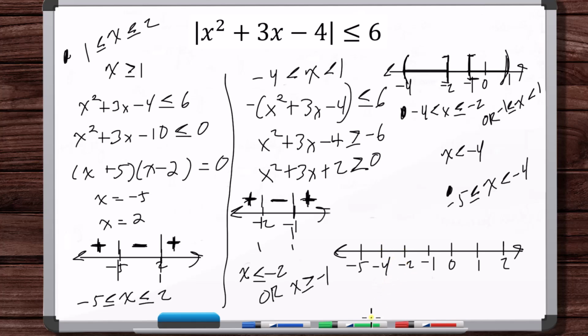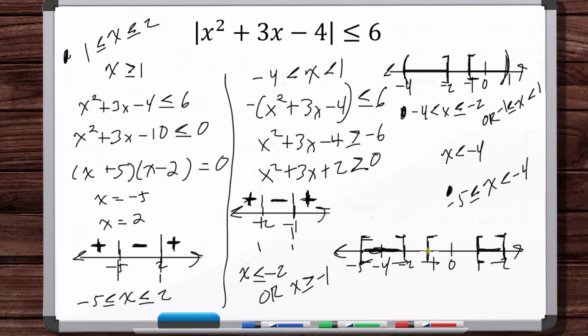That should be it. Okay, so we've got 1 to 2, including the endpoints. We've got minus 5 to minus 4, including the endpoints. We've got minus 4 to minus 2, including the endpoints, so we could go all the way here. Then we've got minus 1 to 1.